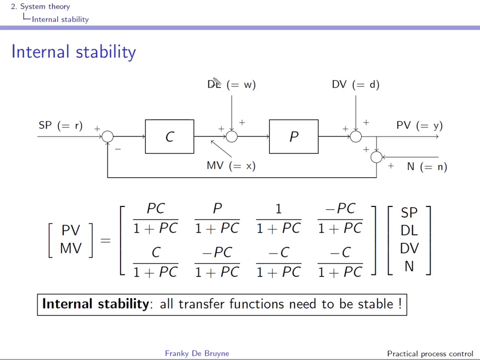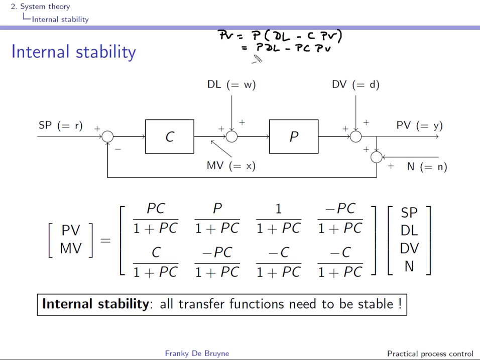Okay, so we're considering a load disturbance, so all the other inputs you can put to 0, and you obtain PV is P acting on dl, right? Here you have a minus sign, minus C times PV. So we have P dl minus PC PV.